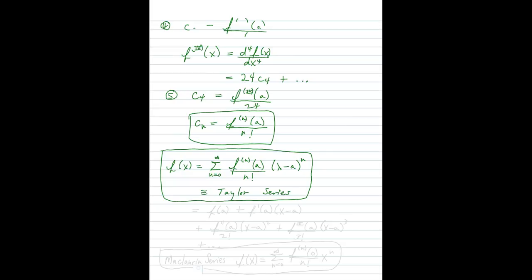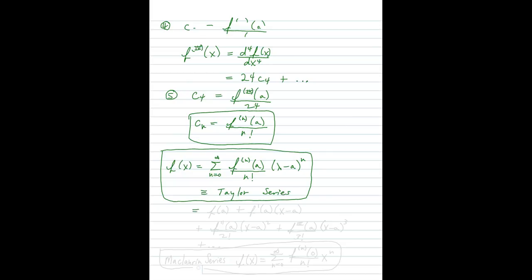Okay, so a lot of students have questions about where the relationship between the Taylor series and the Maclaurin series comes into play. So in order to illustrate that relationship, let's write the Taylor series out explicitly.